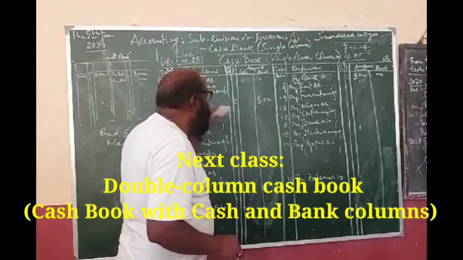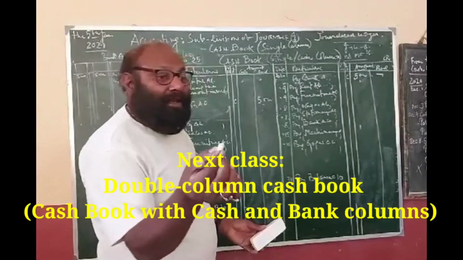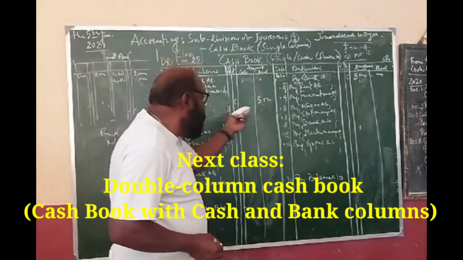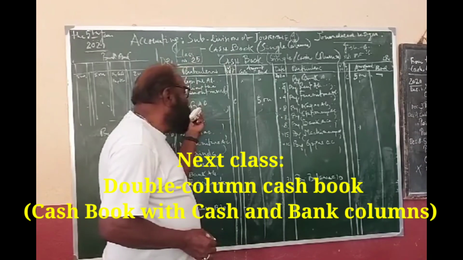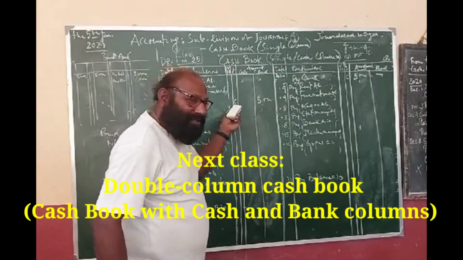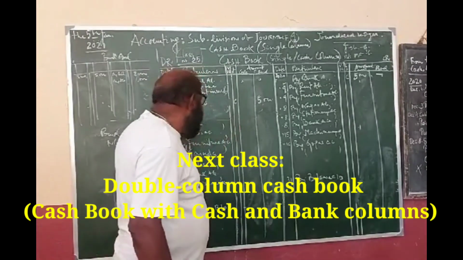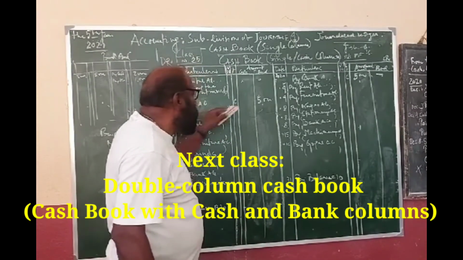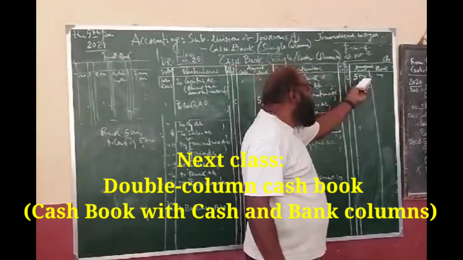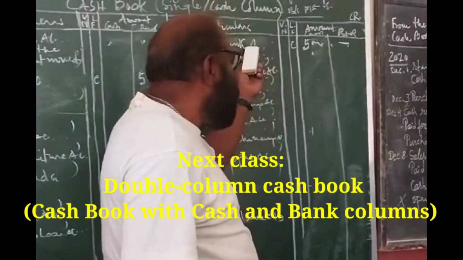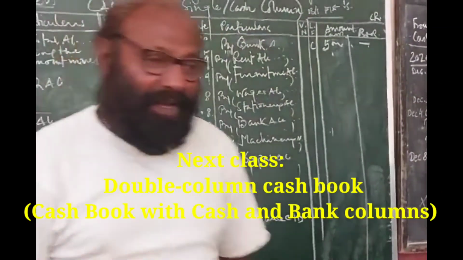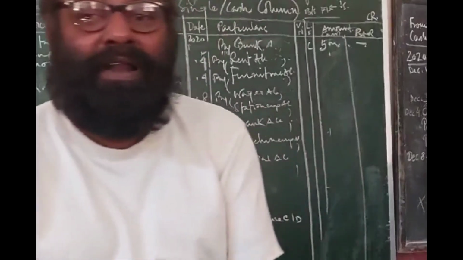The contra of cash is bank, so that is why we write C. So here we are writing to cash, and on the bank side it is in the cash, with the account name bank. That is known as the double column cash book, and I will take up this double column cash book tomorrow.